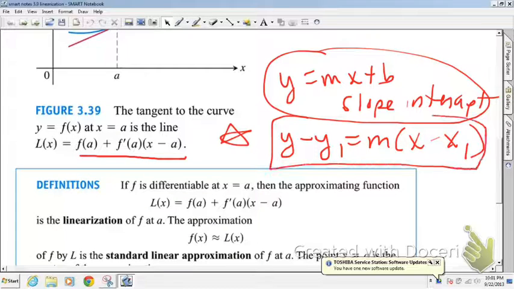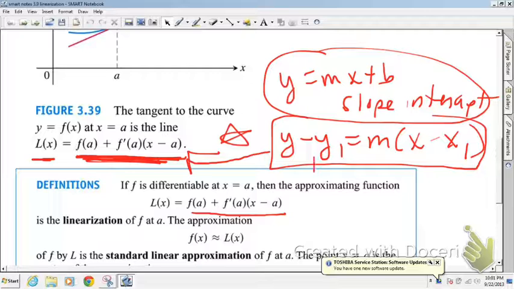That's what we're giving here. So when we determine L of x, the linearization at a certain point, if we use point-slope form, we could arrive here. It's the function evaluated at a plus f prime evaluated at a times x minus a. A lot of people see this and think it's some new fancy formula. It's not. It's really just stemming from point-slope.